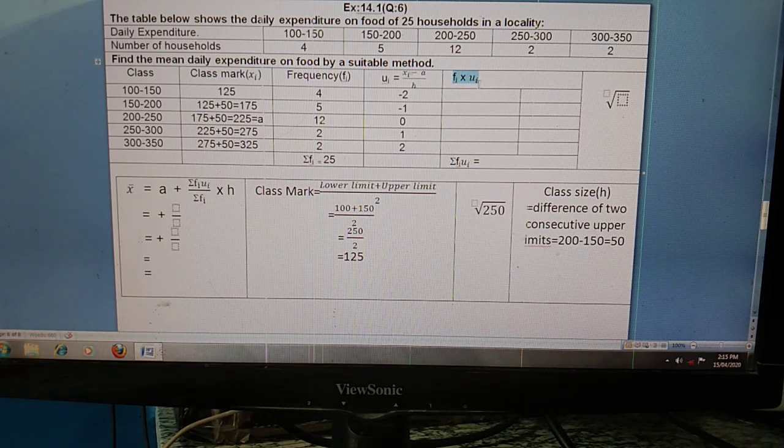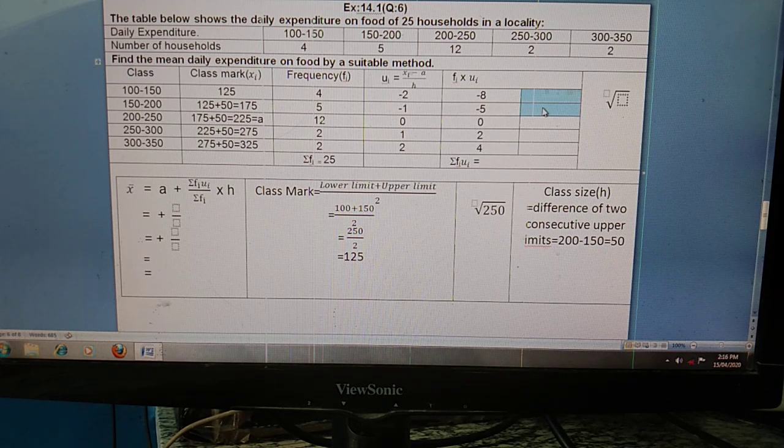The fifth column is fi into ui. So multiply all these fi with these ui. So 4 into -2, -8. 5 into -1, -5. 12 zeros are 0. 2 ones are 2. 2 twos are 4.